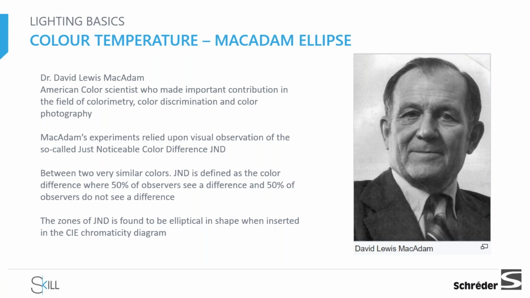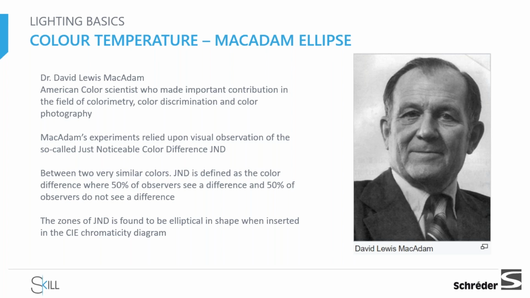MacAdam's experiment relied on visual observation of what is called the just noticeable color difference, JND. He would bring a sample of people, maybe 50, maybe 100, give them two colors, and ask them to identify if there is a difference between them. Of course, if the colors are very close, nobody will notice a difference, and if the colors are totally different, everybody will notice.